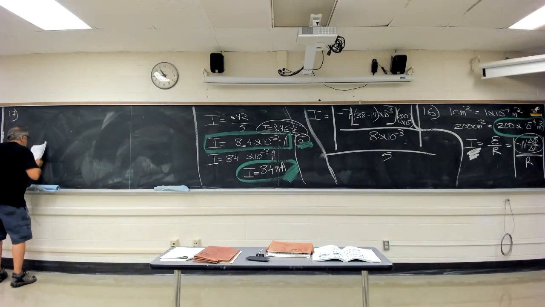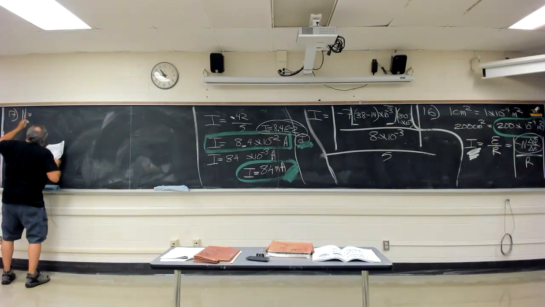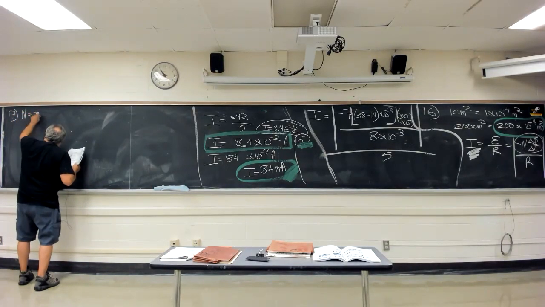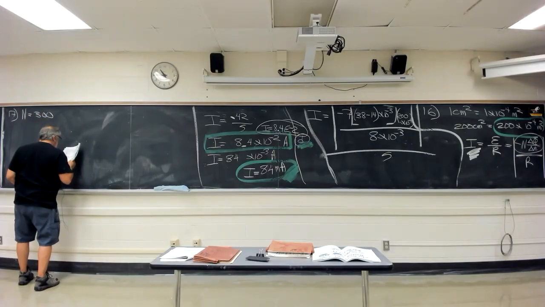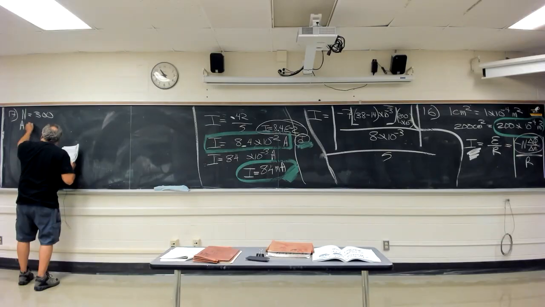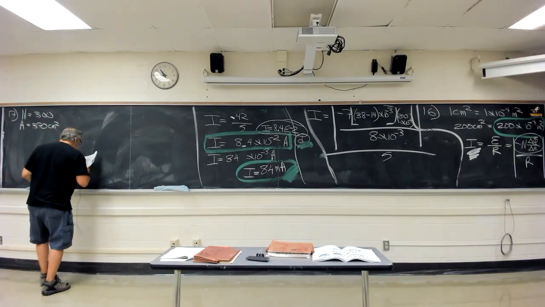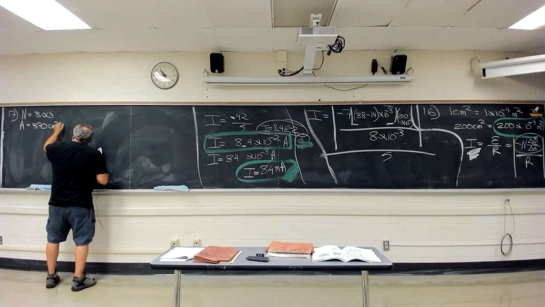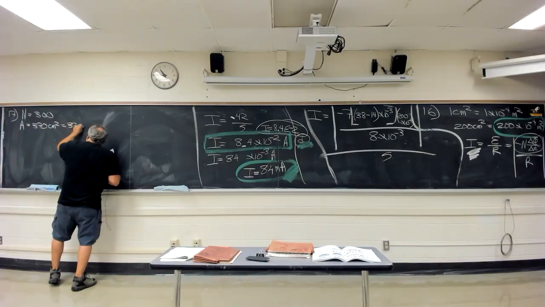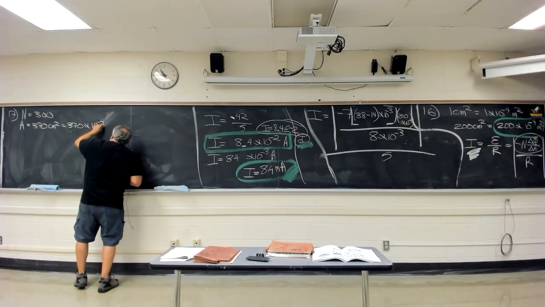They're telling us a number of things, and we're going to play the game with the MKS system of units. There are 300 turns. Capital N is 300. The area associated with each one of the turns is 370 square centimeters, and a square centimeter is 10 to the negative 4 meters squared.